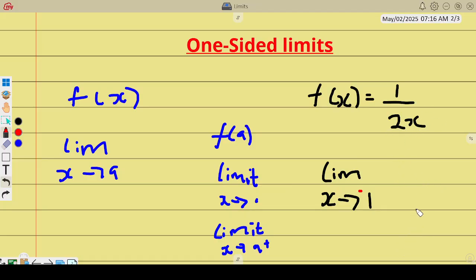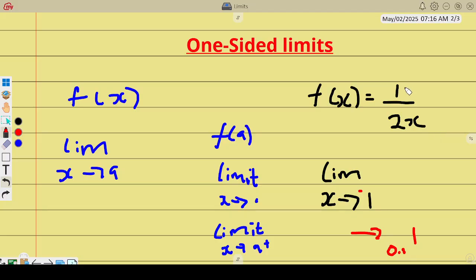On the number line, 0, 1, 2, the numbers are going like that. When we approach 1 from the negative side, we can get 0.9. So where there's x, what happens when we put 0.9?